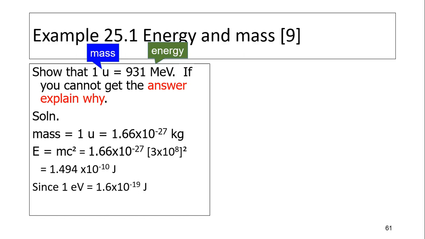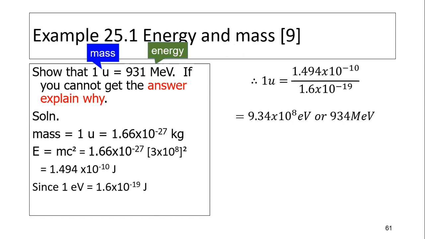Can or not? Cannot, sir. Just divide only, right? Convert it to electron volt. You divide by 1.6 × 10 to the power minus 19. That's all. And you get 934 mega electron volt. Why can't you get 931? Have I done anything wrong? Have you done anything wrong? No. Then why?